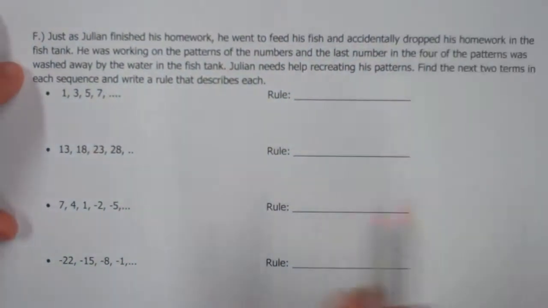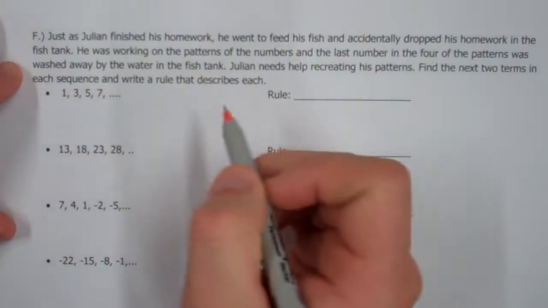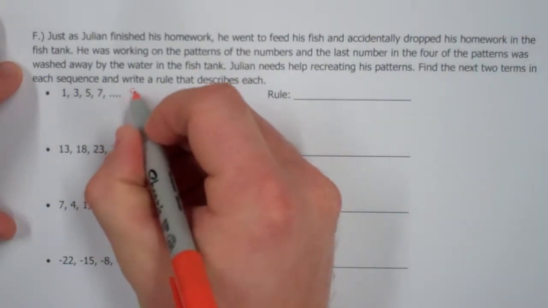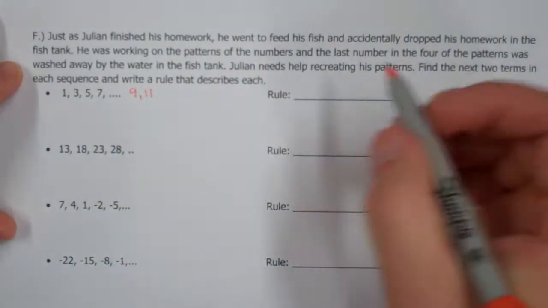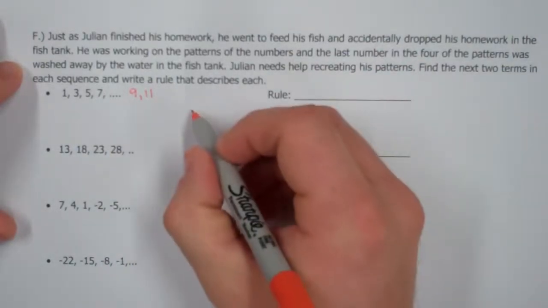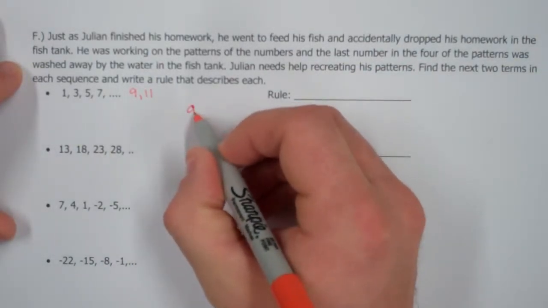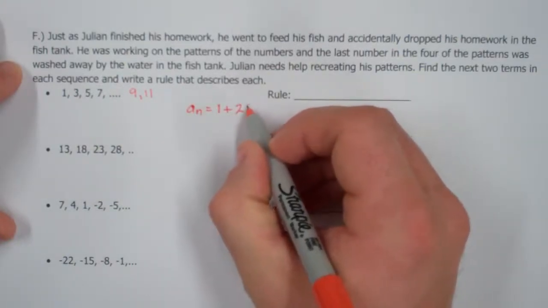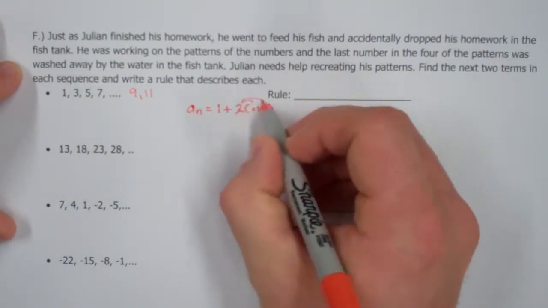Okay, so in this one, we're going up by 2 each time. So we need to write the next two terms, so that's going to be 9 and 11. The rule, we'll use our formula here.